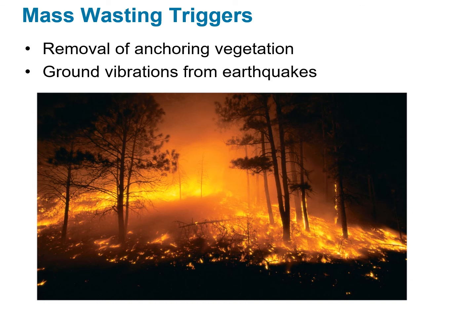They have brush fires that will just roll across mountains and burn all the vegetation on them. And when that happens, plants' roots anchor the material, the soil, the regolith, in place. So if you burn all the vegetation away, all of a sudden mass wasting can occur at a much higher risk because those things are no longer in place.